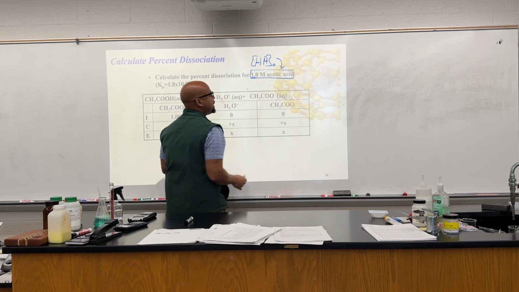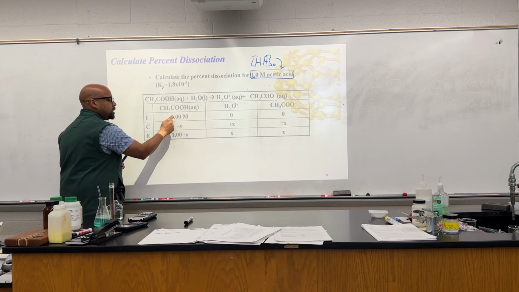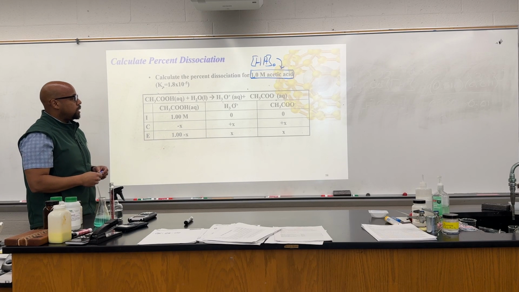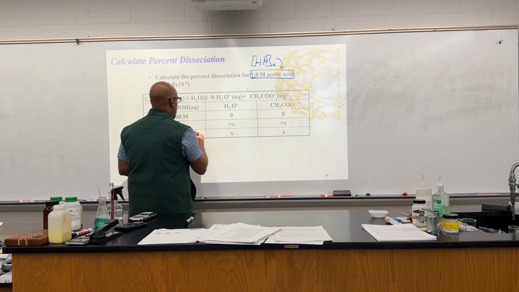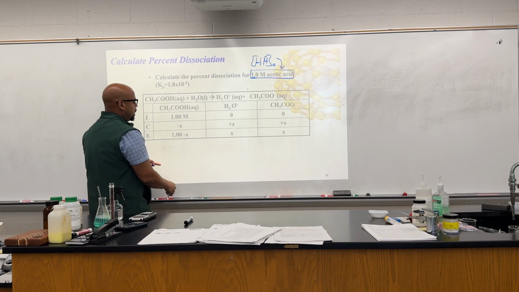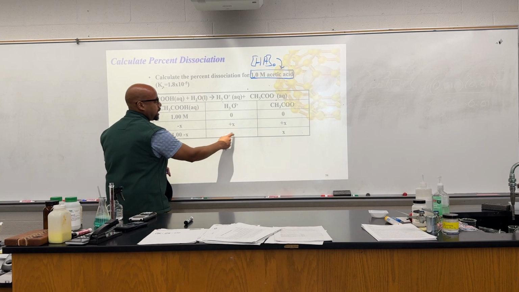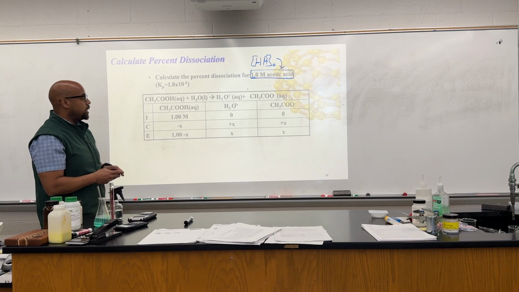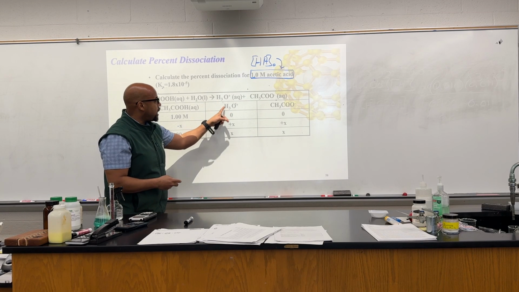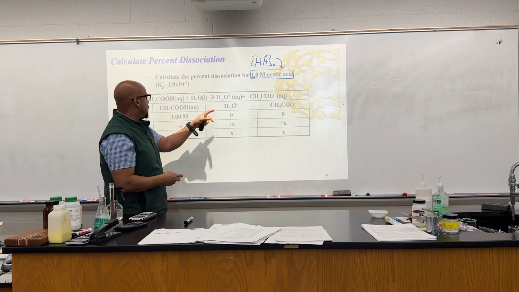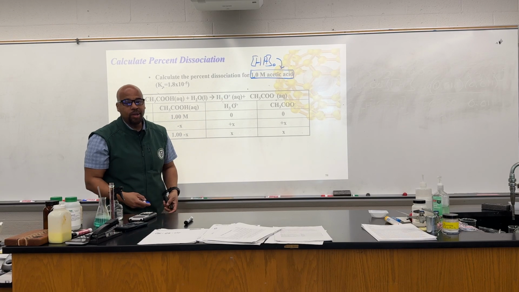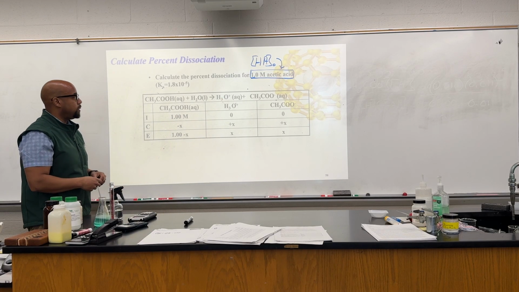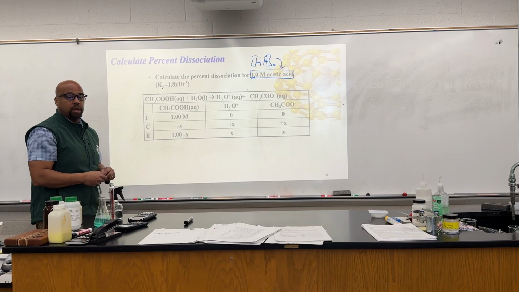So that's always the initial concentration. So I'm always going to place it right here. And then of course, I'm going to have 0, 0, minus x, plus x, plus x, and then 1.0 minus x, and x. And then I can go in here and ultimately solve for x. Because if I get x, I get the H3O concentration divided by the original concentration. I can tell you what the percent ionization is going to be, or once again, percent dissociation.